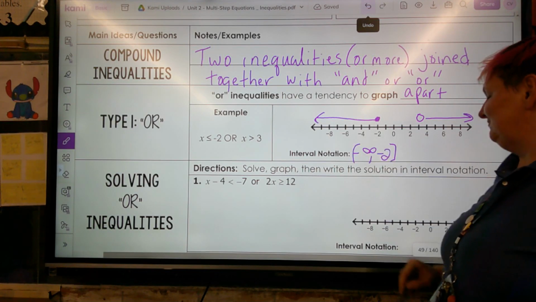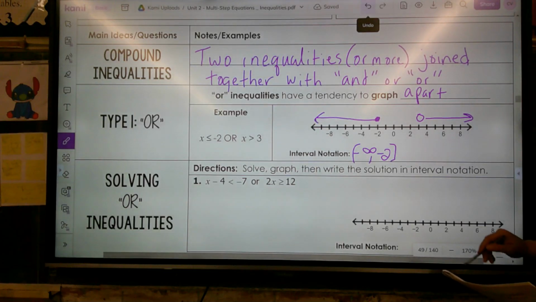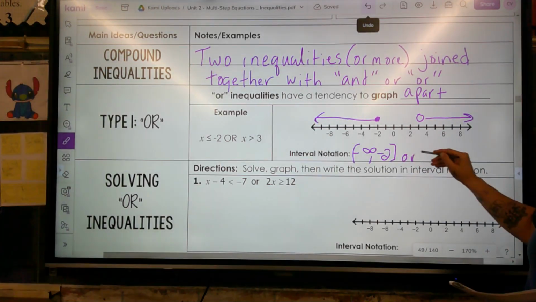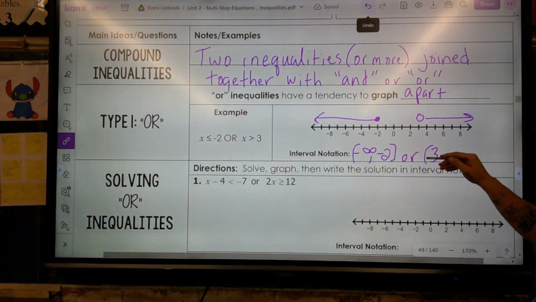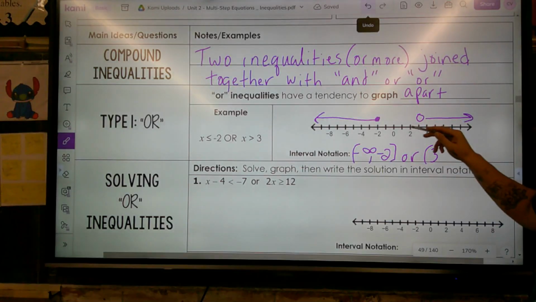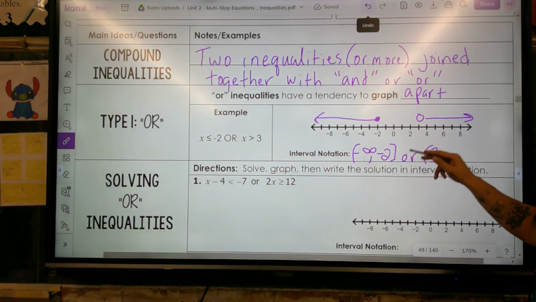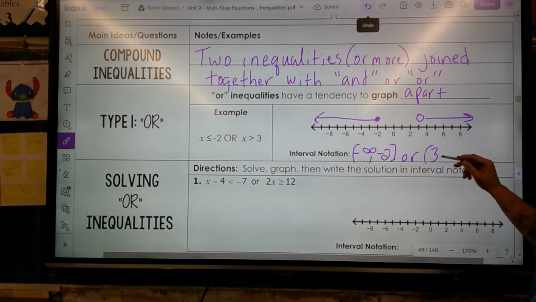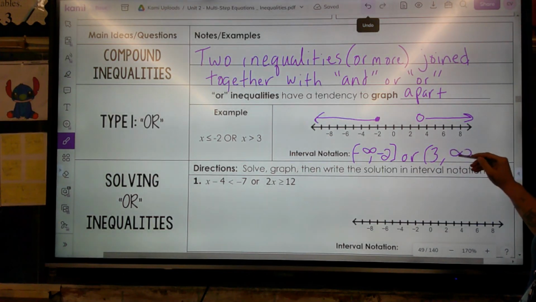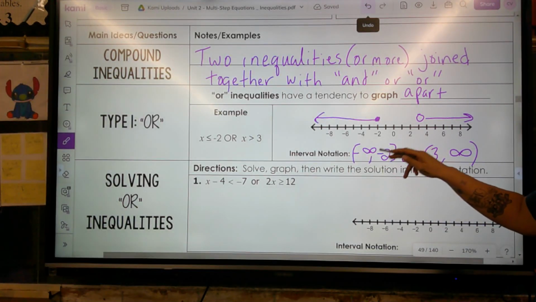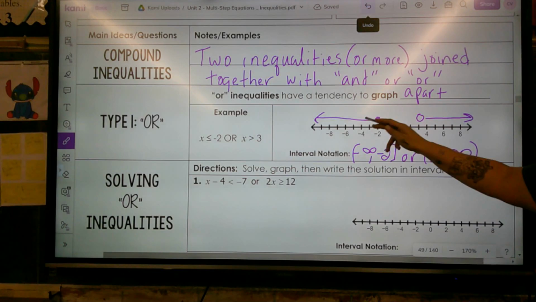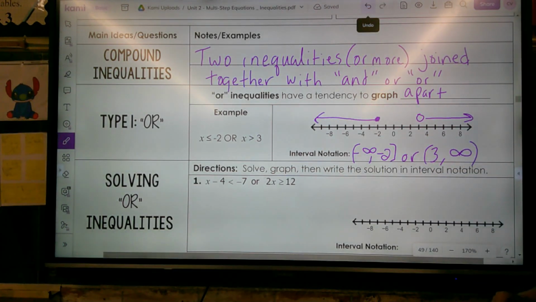Right? Or it can be from 3, and it's parentheses because it doesn't include 3. Closed circle is a bracket, open circle is a parenthesis, to infinity. Right? So x could either be in this group or this group. Make sense?